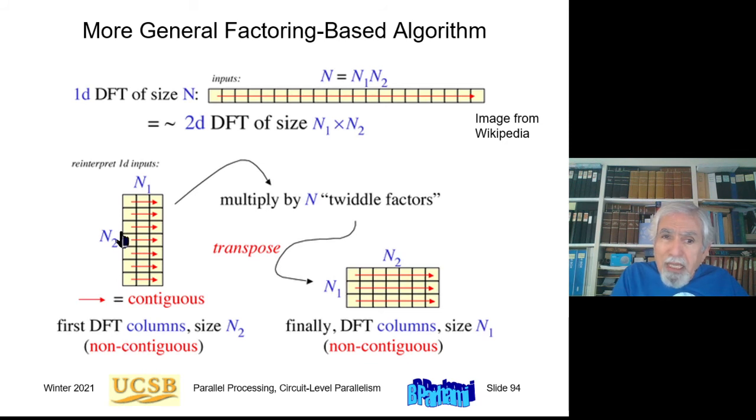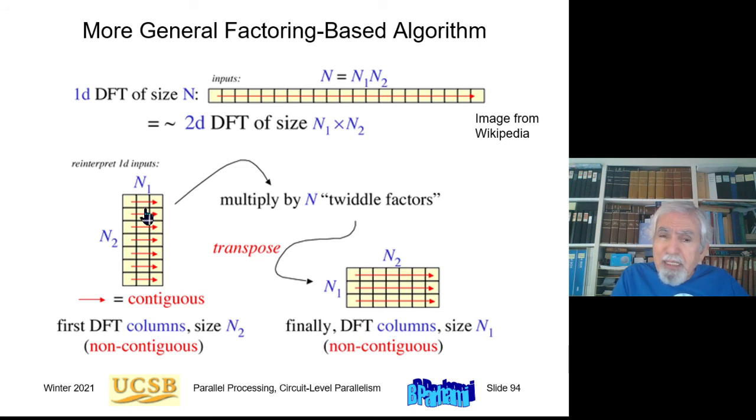Then you do DFT on the columns, multiply the numbers by some constants known as twiddle factors, and then transpose this matrix, and then do DFTs on the rows, and that gives you the overall DFT.